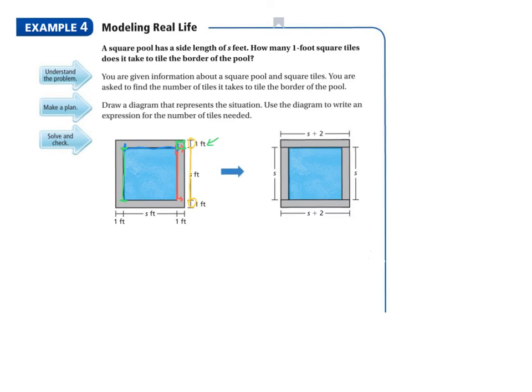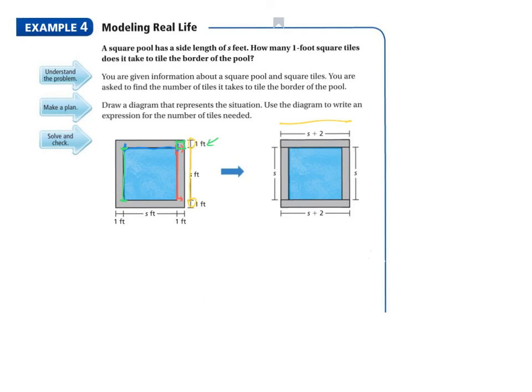So like what they're basically showing us is we have s plus 2 on this side, okay? So this here, simplified, is s plus 2, right? The s in the middle plus the 2 feet outside.